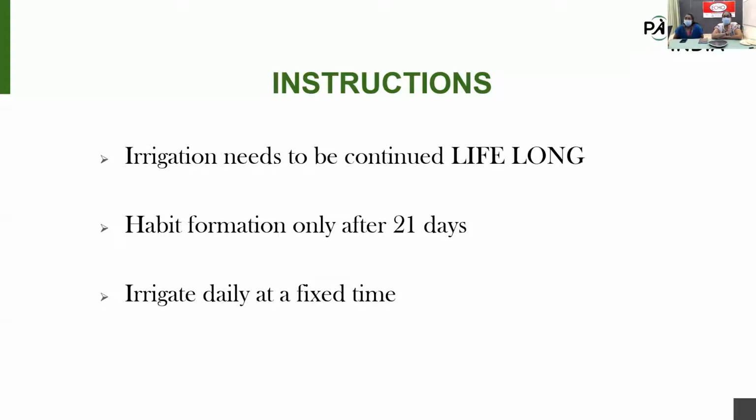If today you are doing it at 9 a.m., tomorrow you should not do it at 10 a.m. If you are doing it at 9 a.m. today, the next day also you should do it at 9 a.m. Shifting the time will cause problems in the irrigation. Okay. Continuity of irrigation. So I think these three things should be instructed thoroughly to the patient before starting the colostomy irrigation. Okay. Next.